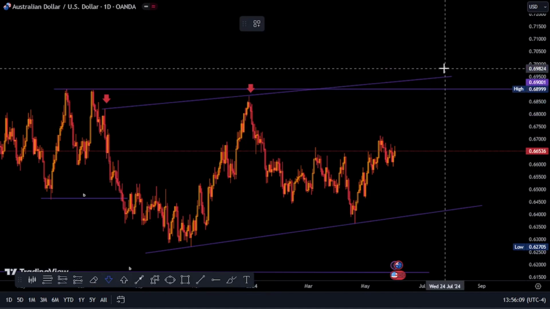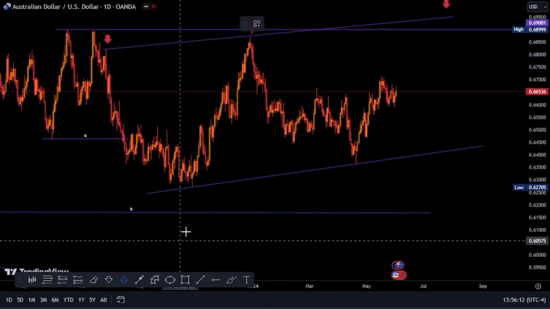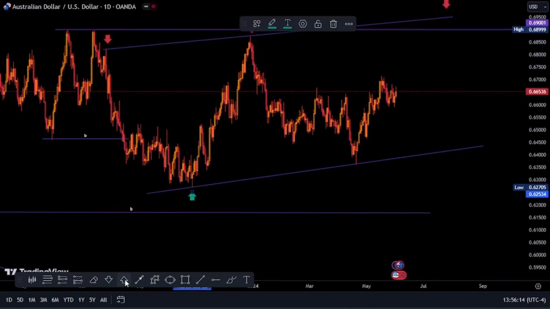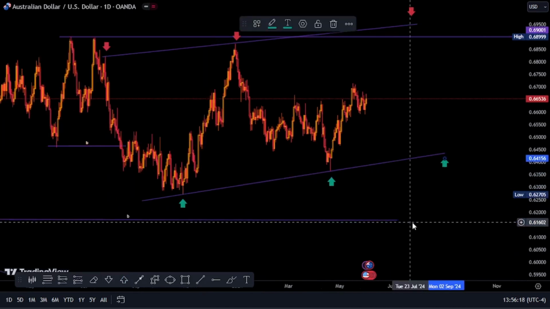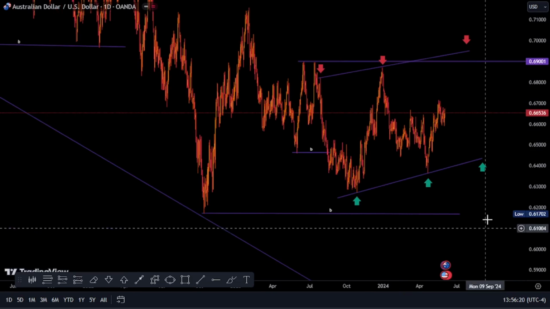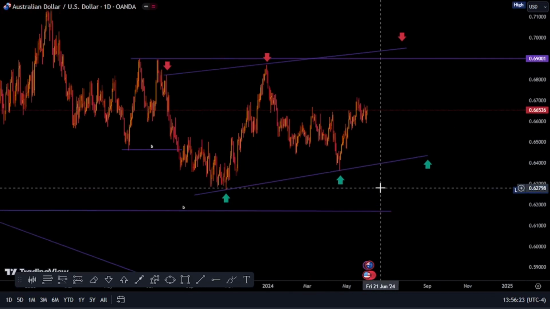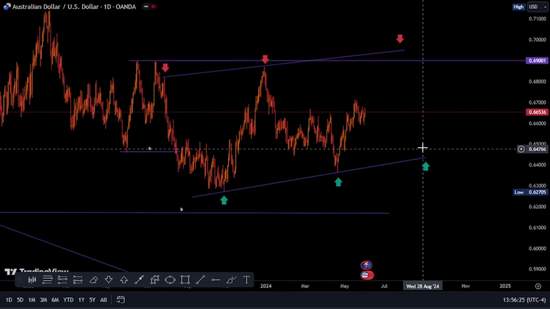We'll be looking for a third touch. We're expecting the last touch to break below. The first touch is this side, the third touch must break.